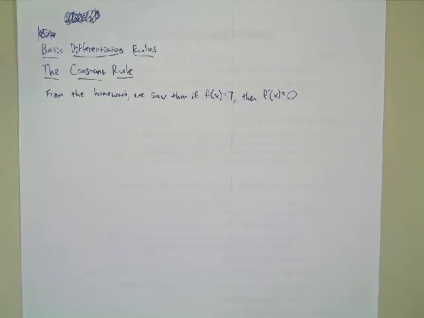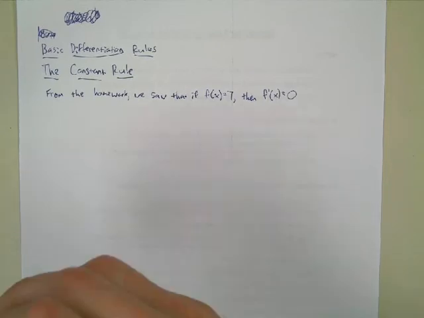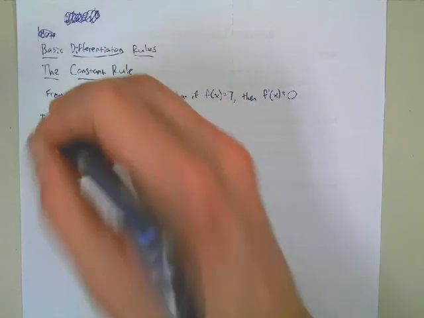So that is the constant rule. 7, that's what we mean by a constant.